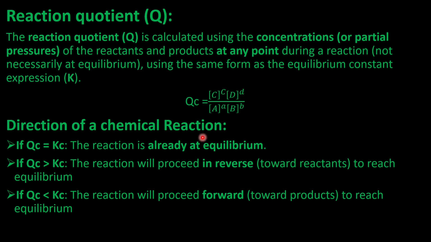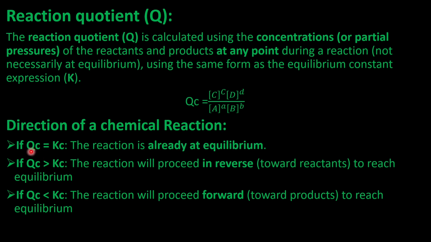So, direction of a chemical reaction. Why do we calculate the reaction quotient? The reaction quotient is calculated to determine the nature of the reaction. For example, if Qc is equal to Kc, the reaction is already at equilibrium.